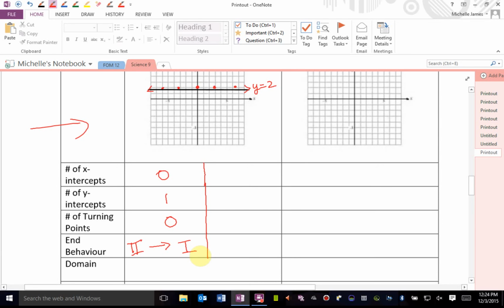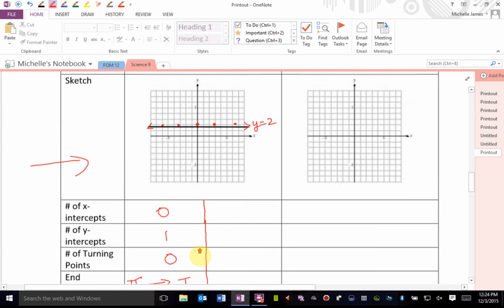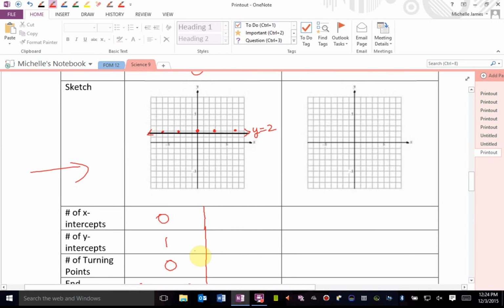What's its domain? What are all the possible values of x? So when you look at your graph and remember that this line can go on forever, think about all the things that x could be. In Math 10, we used to talk about the shadow that it creates on the x-axis. So every single ordered pair, what x would it match up with?